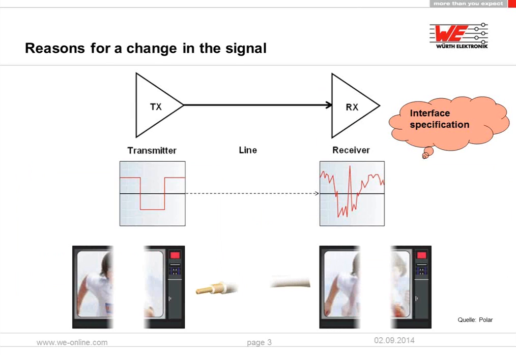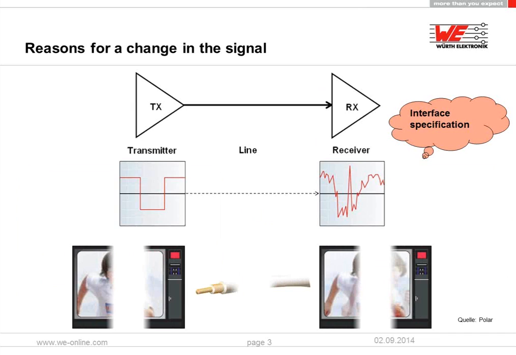An example is shown here with a TV screen and a short line from an antenna, and if this line is not matching, we have of course an impact on the picture, as you can see on the right side.